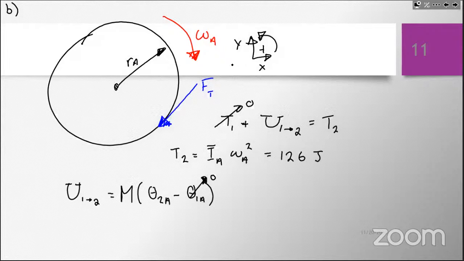But I don't have a moment. What I do have is this applied force, and this applied force is a certain distance away from the axis of rotation. So I can create the moment as seen by that force. It's just going to be F times R sub A times theta 2A.